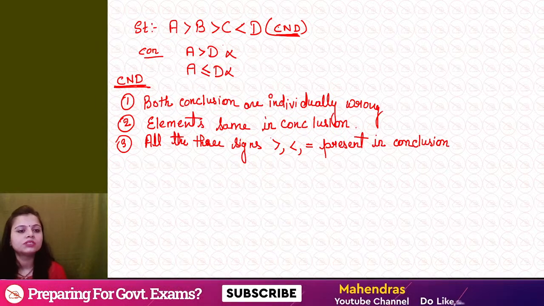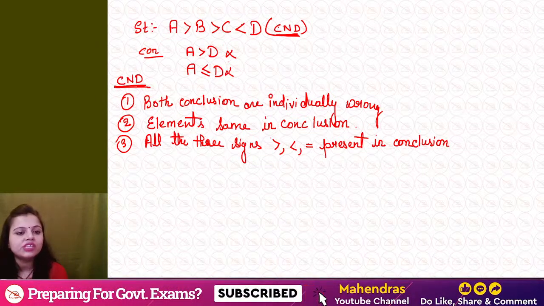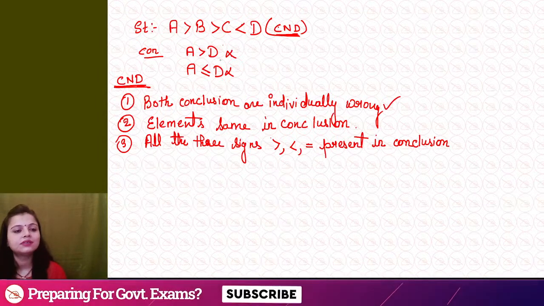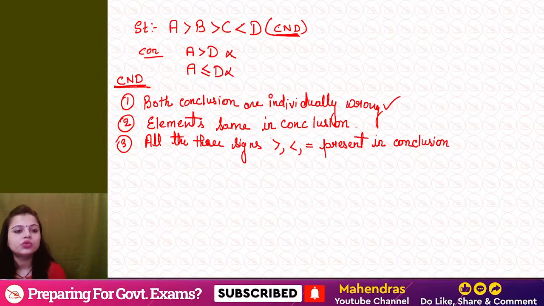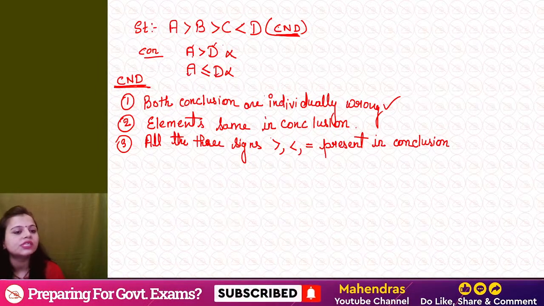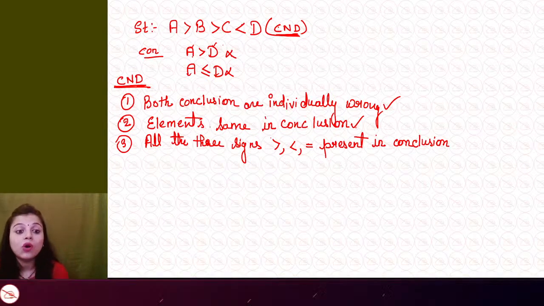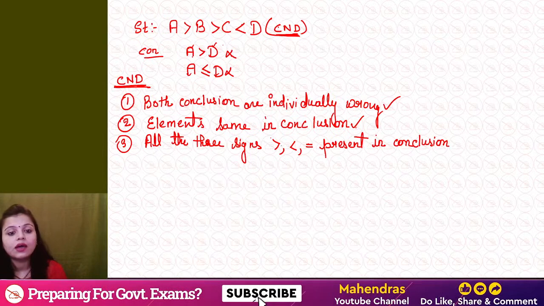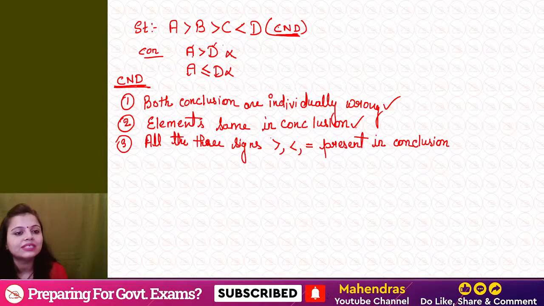Let's check all the three rules. See, both the conclusions are individually wrong. Yes, the first rule is right for this conclusion. Rule number two, elements are same. Yes, A and D in the first conclusion, A and D again in the second conclusion. And the third one is all the three signs, greater, less, or equal. Yes, all the three signs are present.